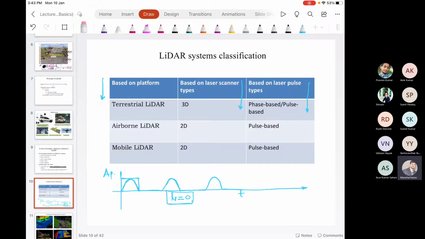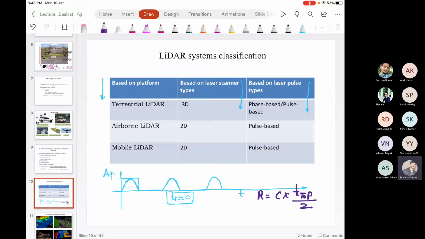And the second type of laser beam is the continuous wave laser. Using a continuous wave laser, how do we calculate the range? In the pulse case, we calculated the range using C into the time of flight divided by 2.